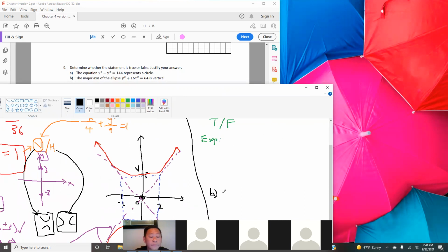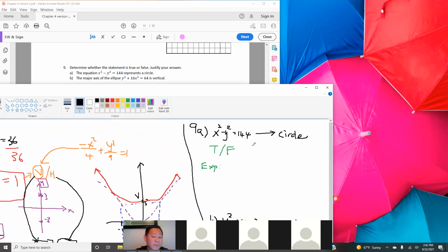Anyone remember what the equation of a circle looks like? Anyone know what the equation of a circle looks like?